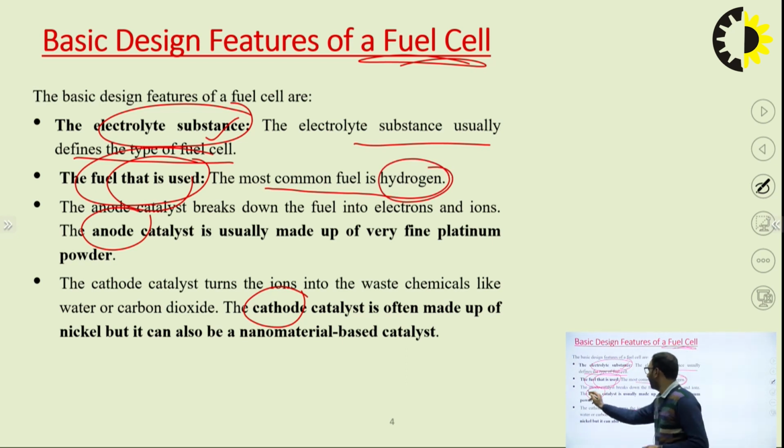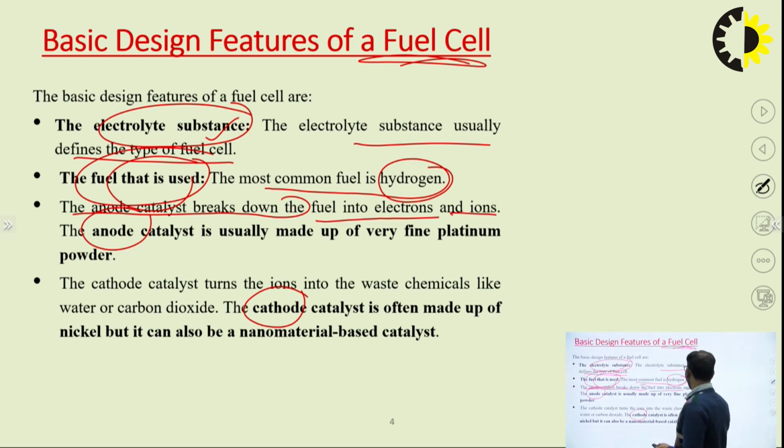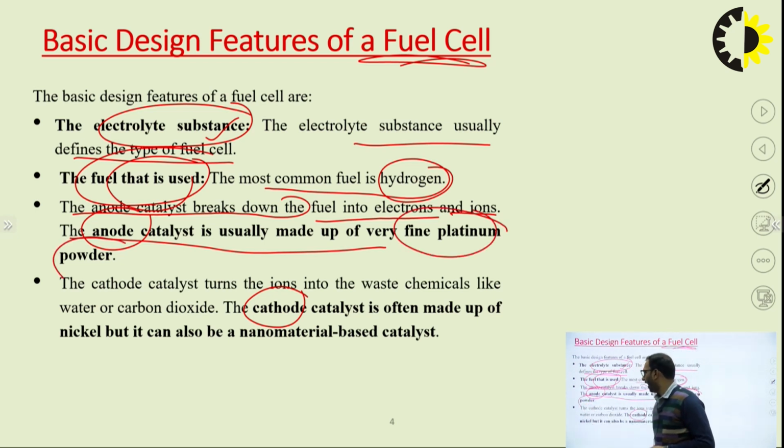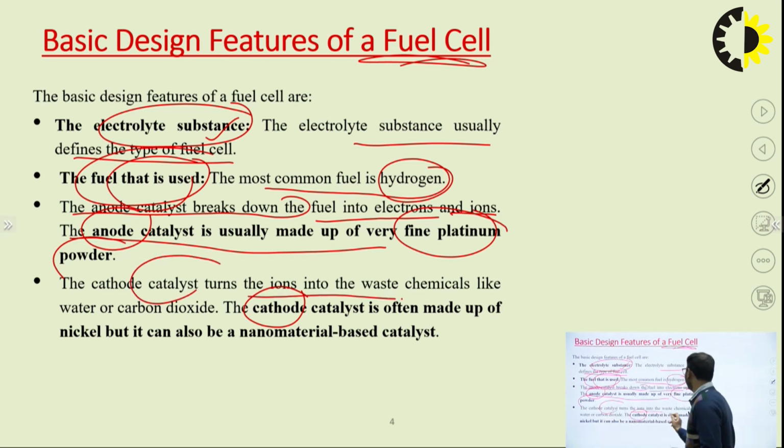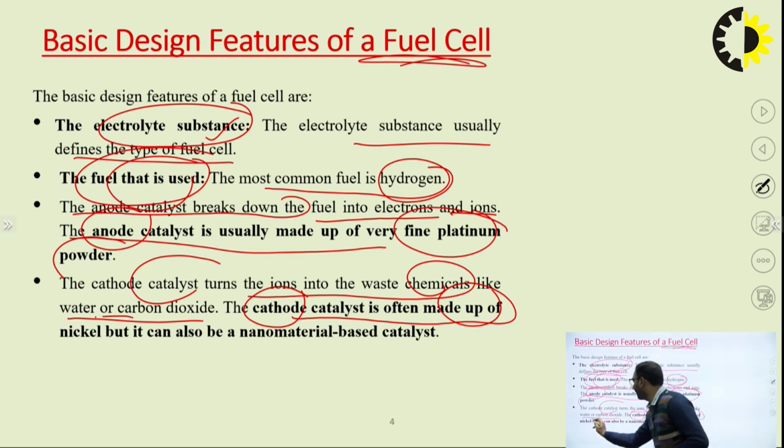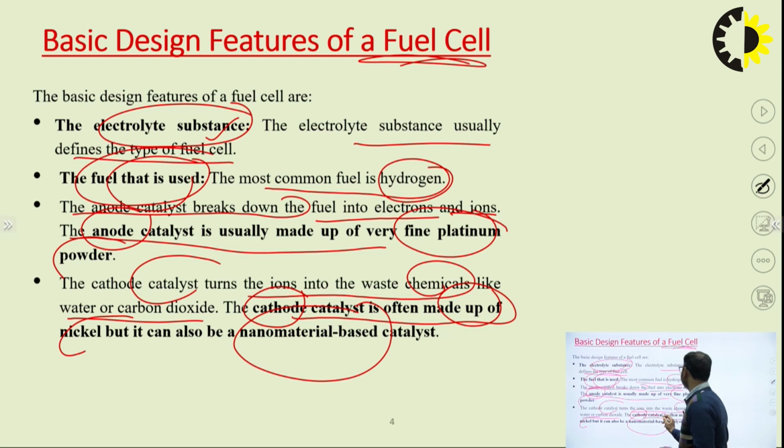Then what is anode? Anode catalyst breaks down the fuel into electrons and ions, and the anode catalyst is usually made up of very fine platinum powder. And what is cathode? So basically cathode catalyst turns the ion into waste chemicals like water or carbon dioxide, and the cathode catalyst is often made up of nickel, but sometimes it can also be a nanomaterial based catalyst.